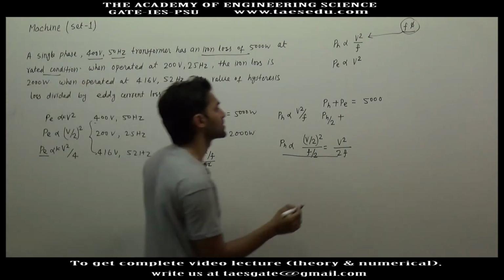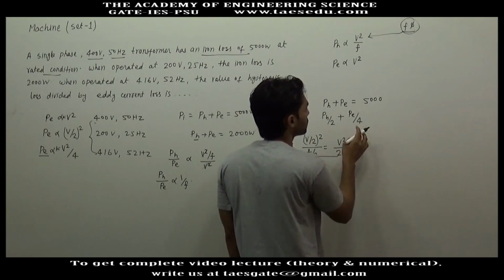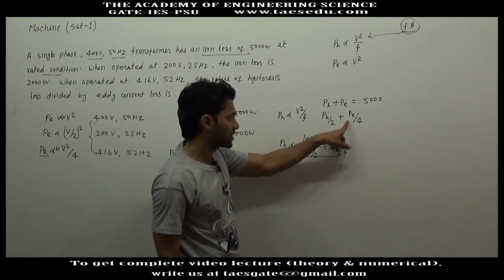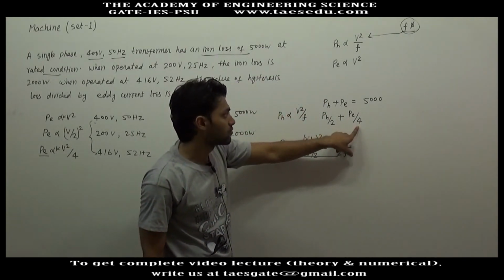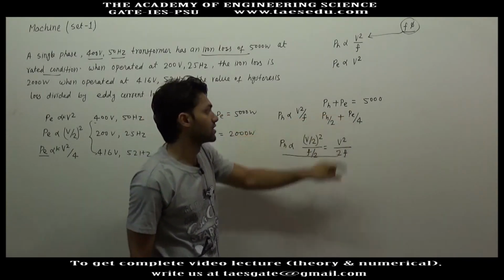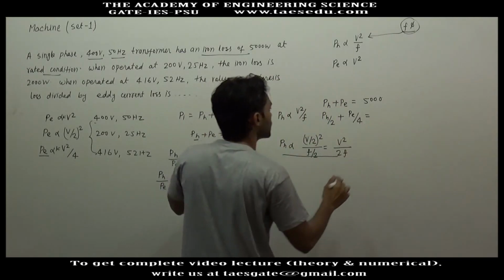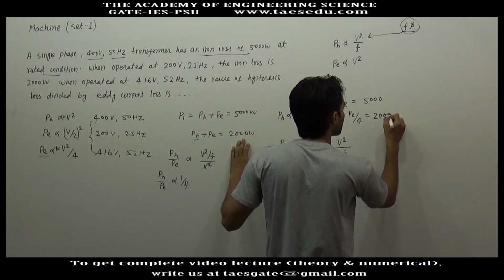So in the second condition, eddy current loss is 1 by 4 times of eddy current loss in the first condition. And the total loss in the second condition is 2000 watt.